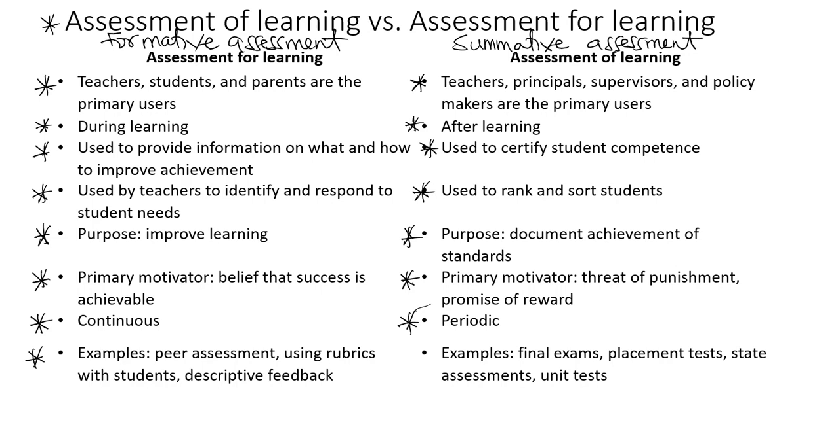In terms of summative assessment, it's mainly final exams, placement tests like the ACTs and the like, state assessments, and unit tests. So those are part of assessment of learning. So you can see that when we are talking about assessment, we need to specify what type of assessment we are dealing with.